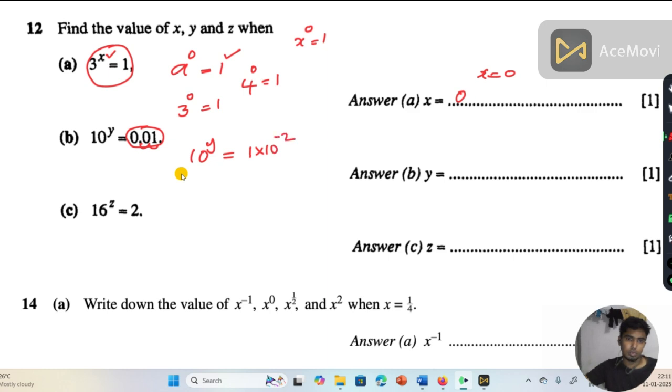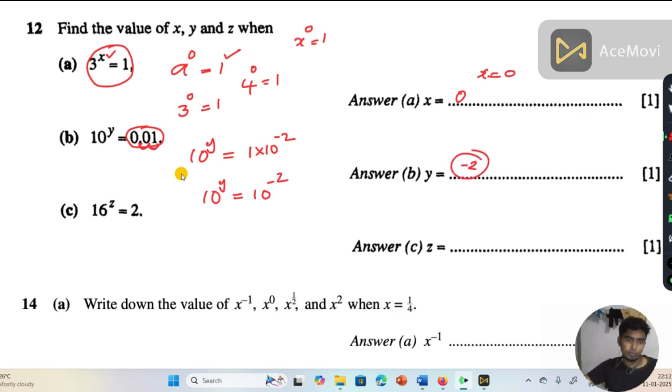Why minus 2? Because we move the decimal point two places. So 10 raised to y is equal to 10 raised to minus 2, because multiplying by 1 gives the same answer. So y equals minus 2.